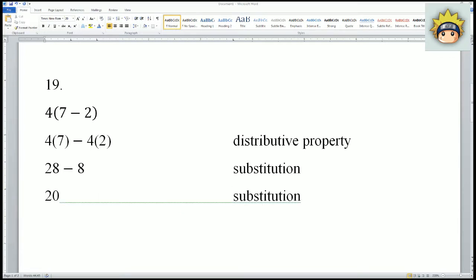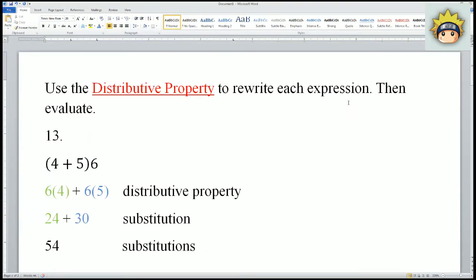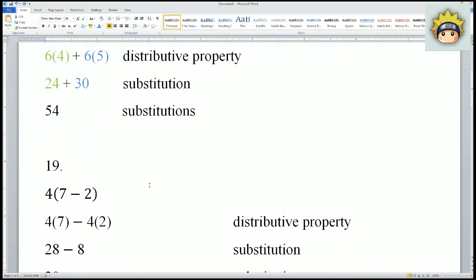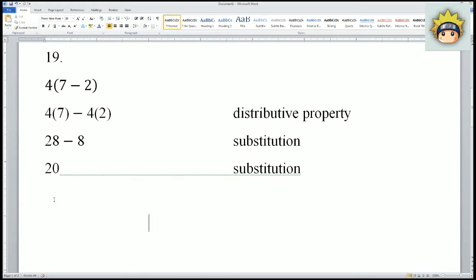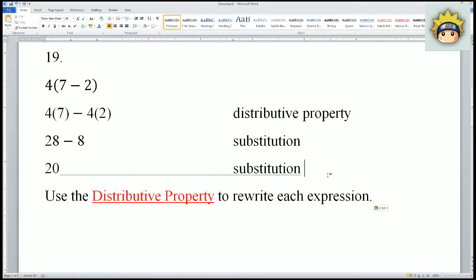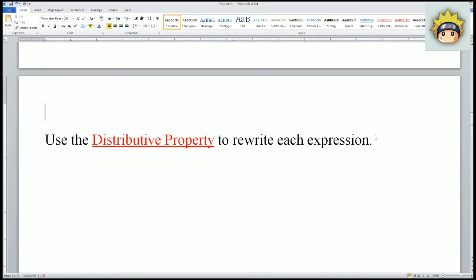Number 26. Number 26 asks us to use the distributive property like before to rewrite each expression. But this time, they ask to then simplify. Number 26 looks like this.